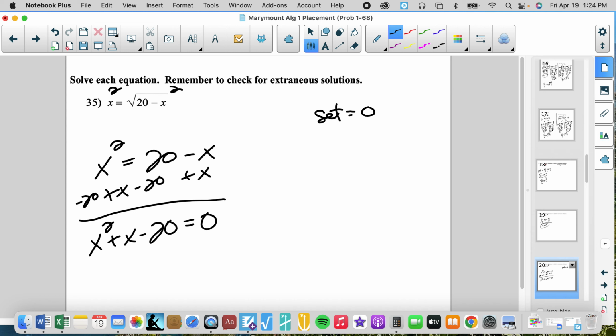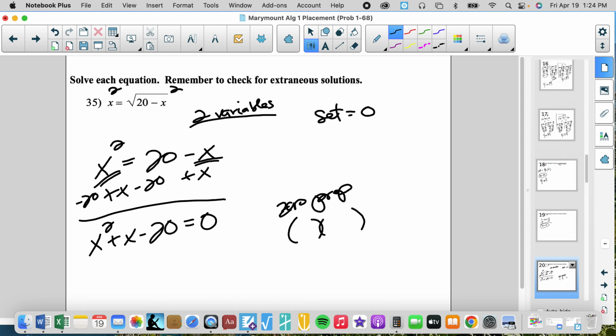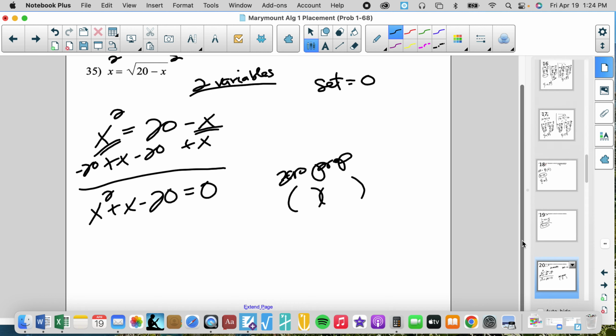Well, we have two variables, and they're at different exponents. So it's factoring. We set it equal to 0, and the only way we can turn this, we're going to use the 0 property. And the 0 property is when we can turn them into binomials. You can use the quadratic formula. I wouldn't. I already see a times c, 1 times negative 20, and I see that it's going to be x plus 5, x minus 4 equals 0.